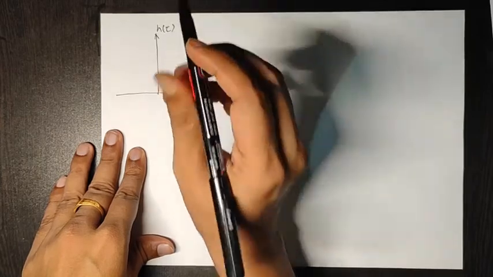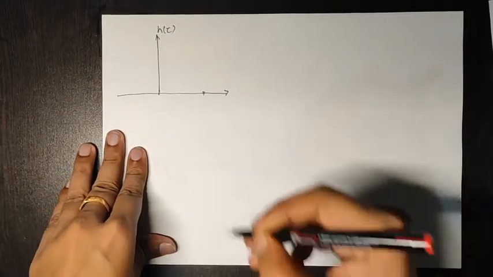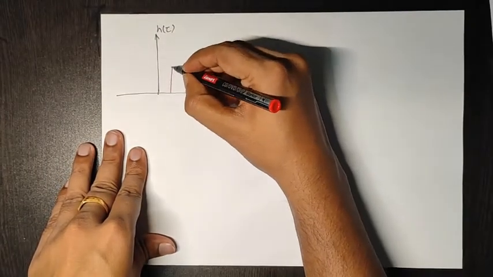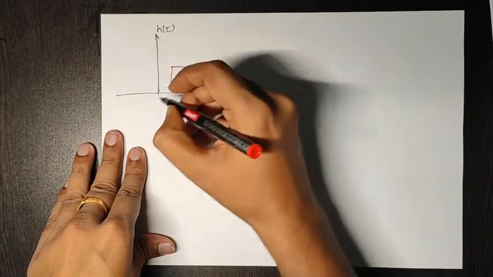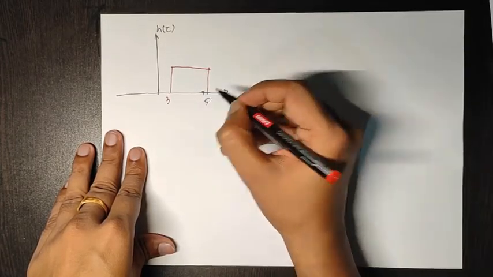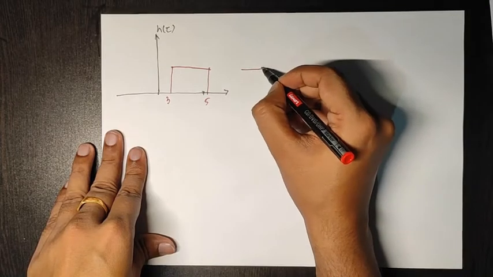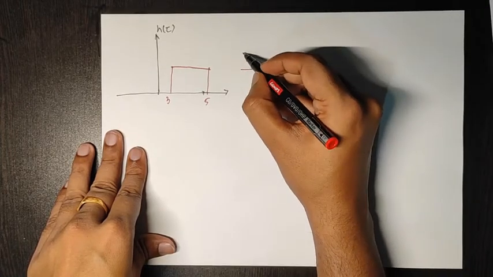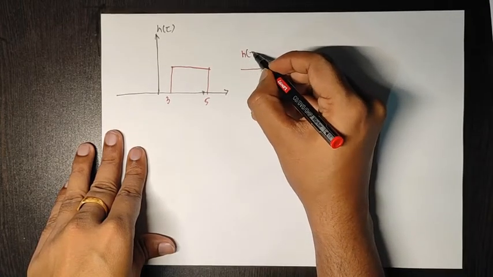Now h of tau is given as 3 to 5. Now we will do the time reversal, h of minus tau.